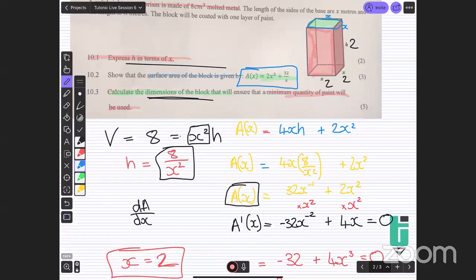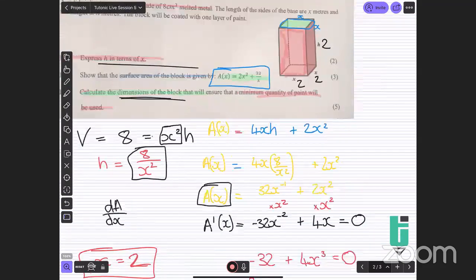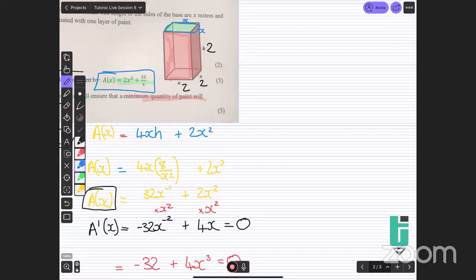Now this is a cool thing that if you really want to read more about this, you can. When I was in matric, we had to do an assignment where, if you want to find the maximum shape of something, you'll find that the maximum shape of any polyhedra is when the sides are equal.